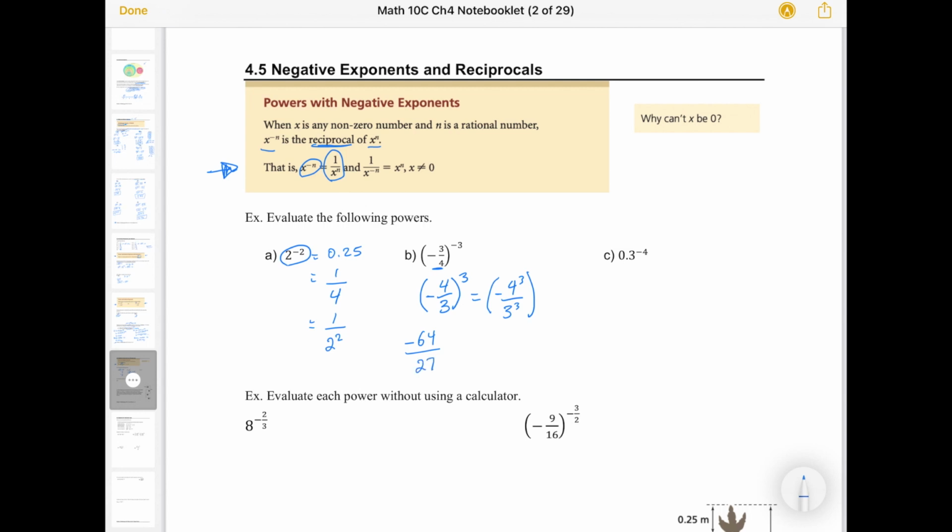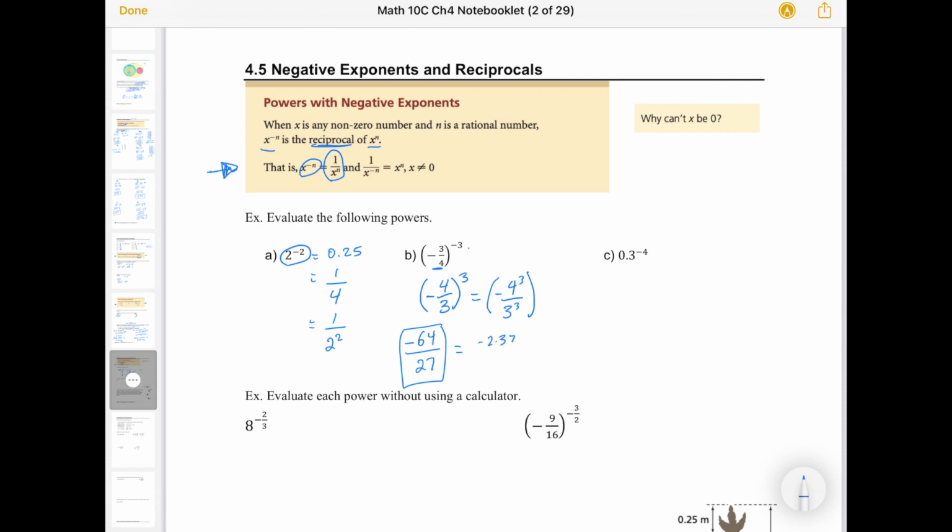So I have negative 64 over 27 as my answer. And I could write that as my approximate decimal. And that's negative 2.37.